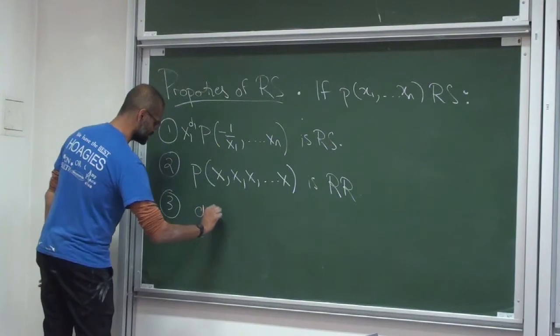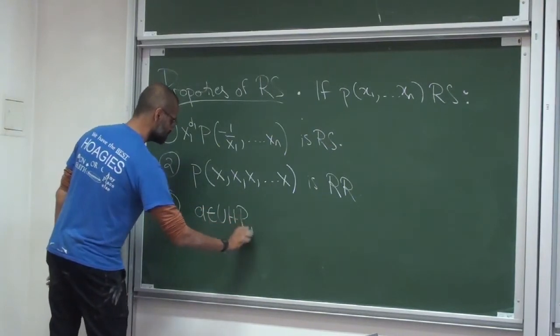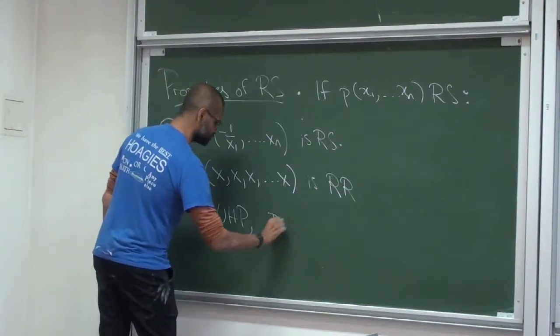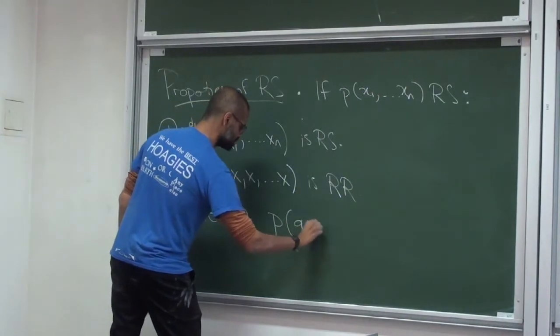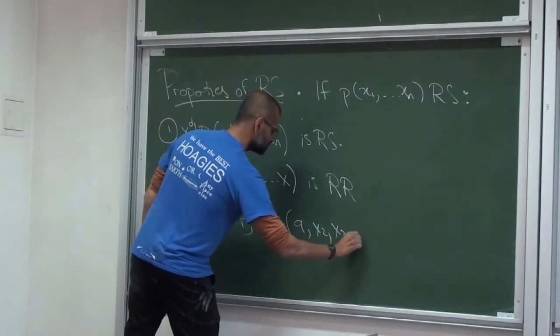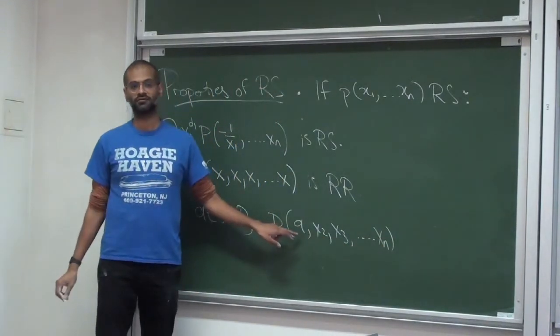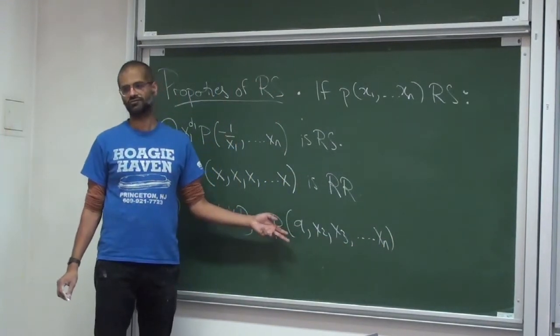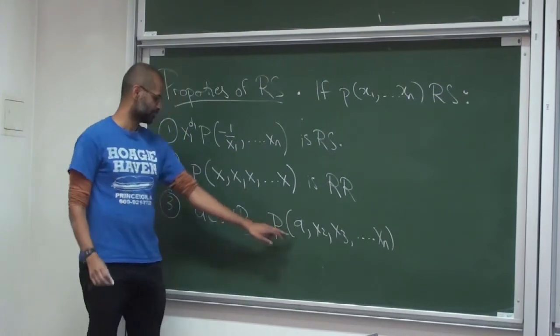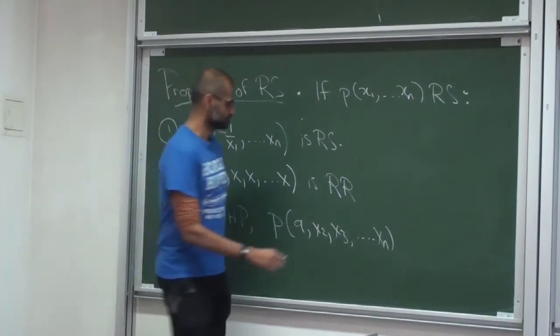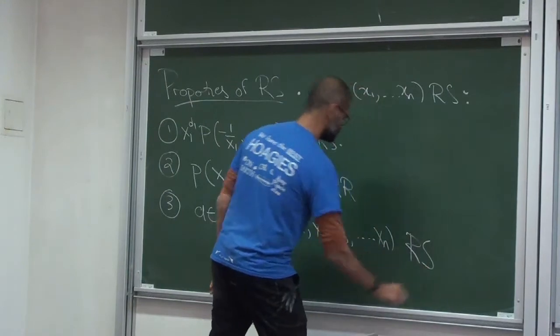If I have any number in the upper half plane and I plug it into one of the variables, I get a polynomial in one less variable, but that's also real stable, because this is already in the upper half plane. This is easy.